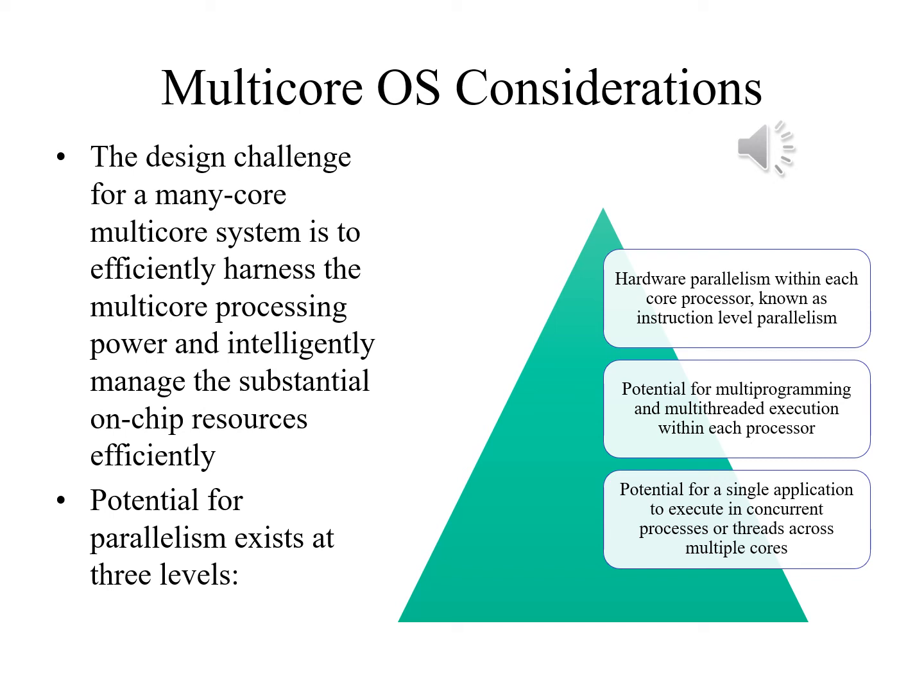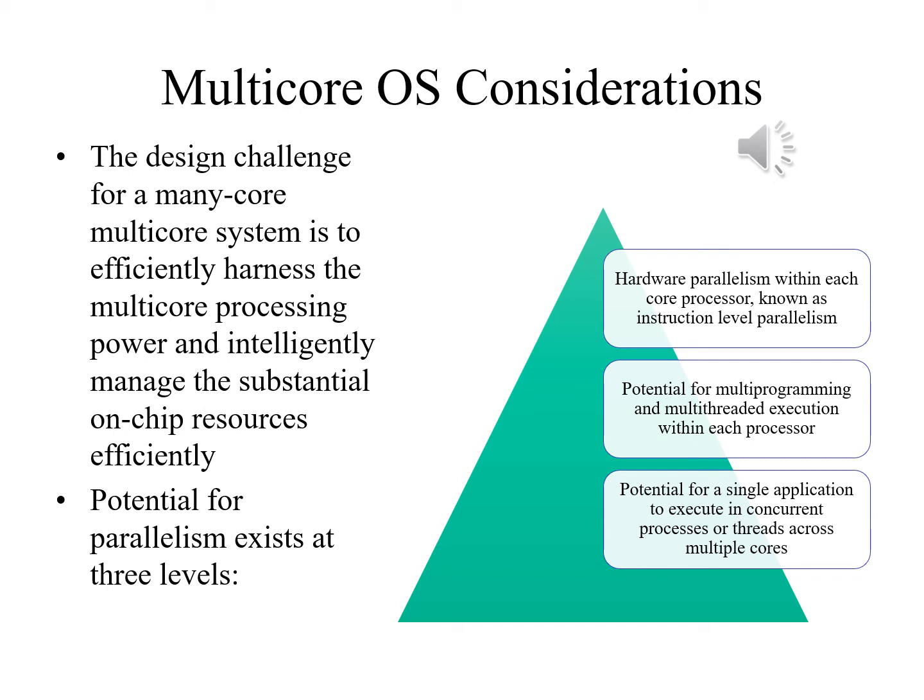The design challenge for a many-core multi-core system is to efficiently harness the multi-core processing power and intelligently manage the substantial on-chip resources efficiently. A central concern is how to match the inherent parallelism of a many-core system with the performance requirements of applications.